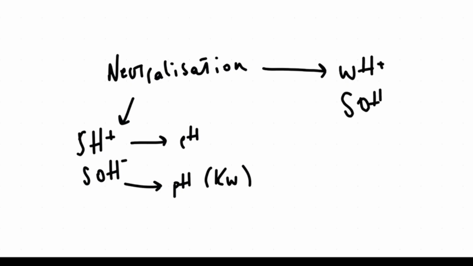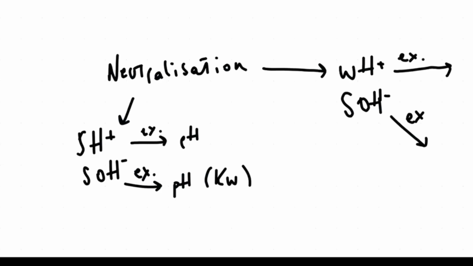Okay. I want you to take a moment to think about, okay? Again, here in this case, if this is in excess or if this is in excess. What if the weak acid is in excess? Which type of calculation do we have? And what type of calculation do we have if it is the strong base that is in excess?